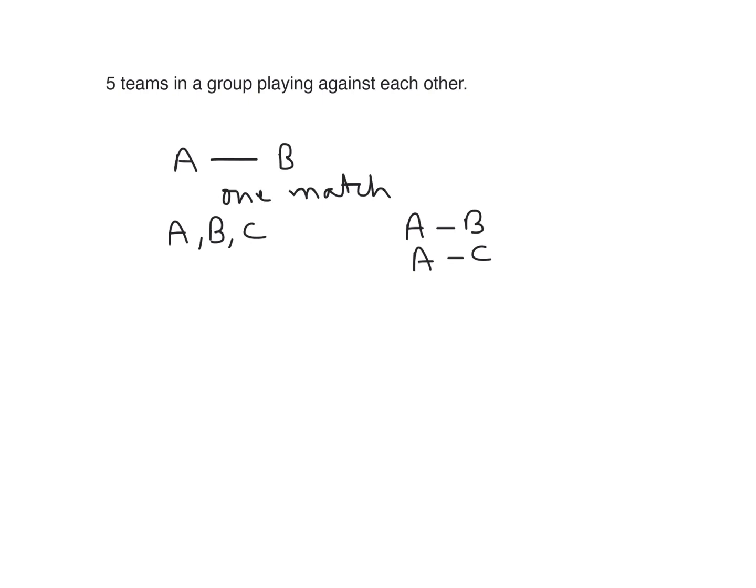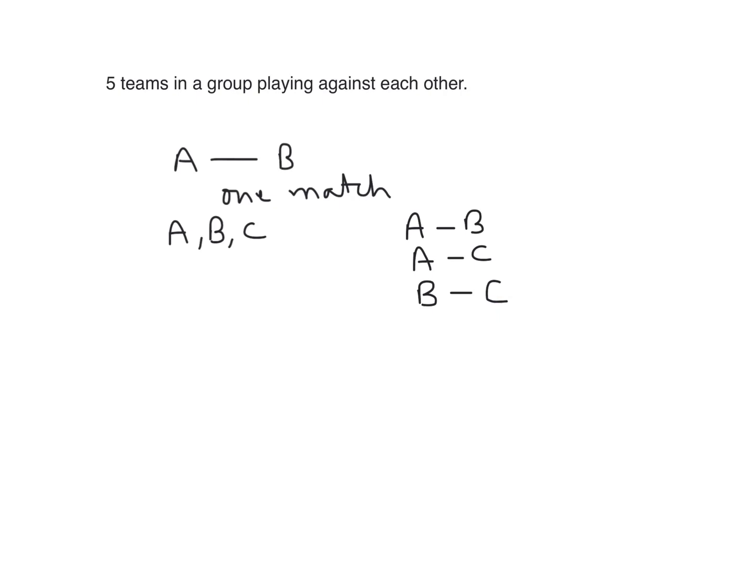Now if you take B, B has already played with A in this match. So there is no need for B to play with A again, because that match has already been done. So B is left to be playing against C. So now B plays against C. B has played against A and B has played against C also.